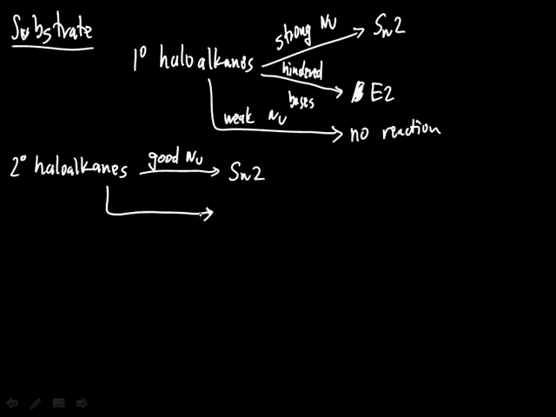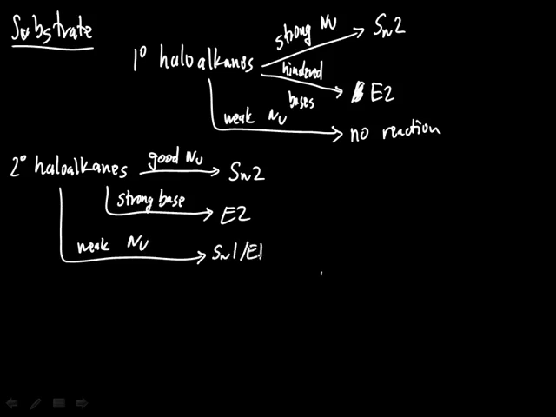If we have a strong base, we will get E2 reaction, just like in the case of primary. But if we have a weak nucleophile or a weak base, then we will get a mixture of SN1 and E1 reactions. And oftentimes these mixtures are exactly what we get in the reactions of secondary haloalkanes.